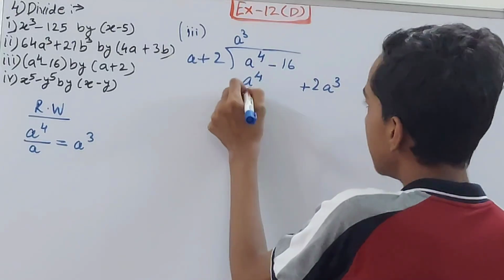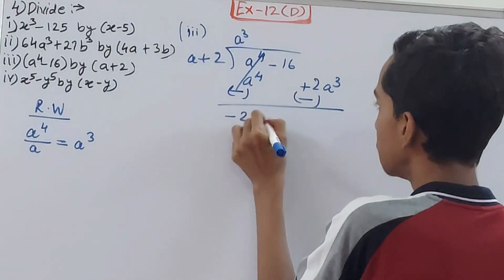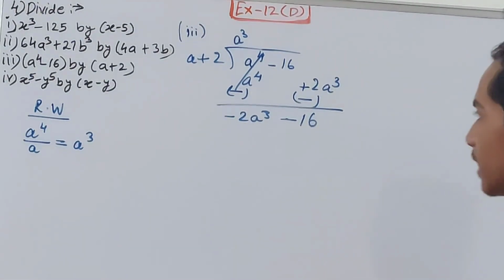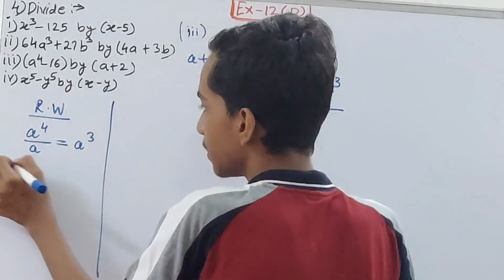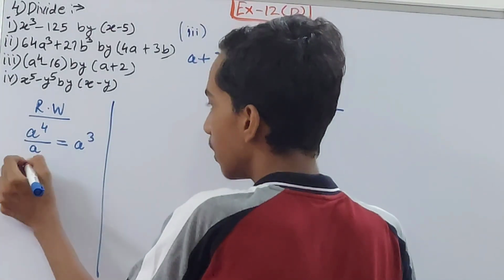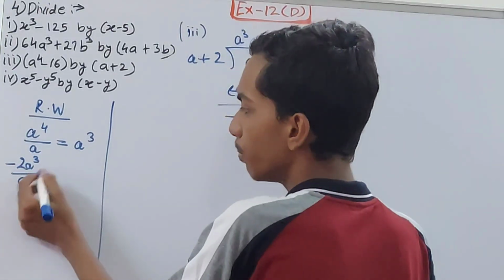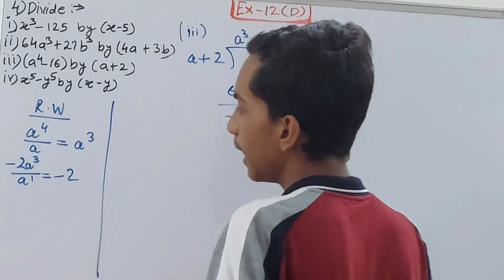Now change the sign, minus sign here, minus sign here, this will cancel. You have minus 2A cube minus 16. Now see here, minus 2A cube minus 16. Again you have to divide what? Minus 2A cube by A. Again just divide A cube by A, minus 2 will be here only, A cube and A to power 1.